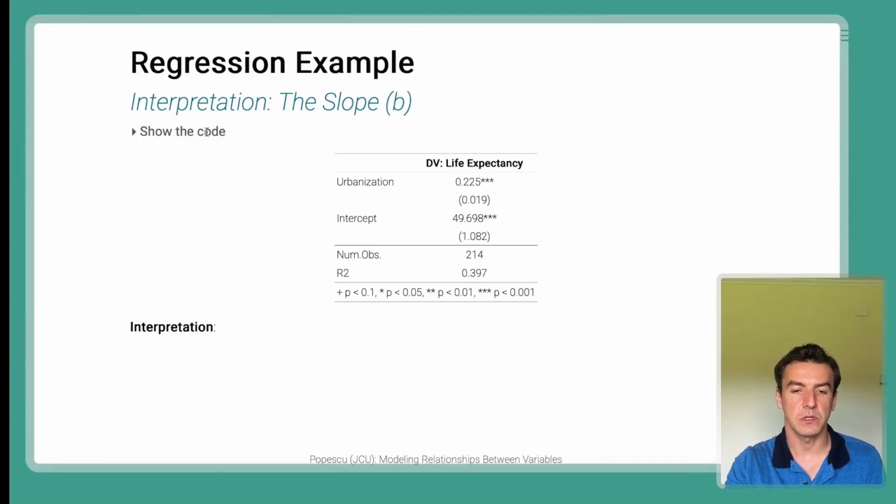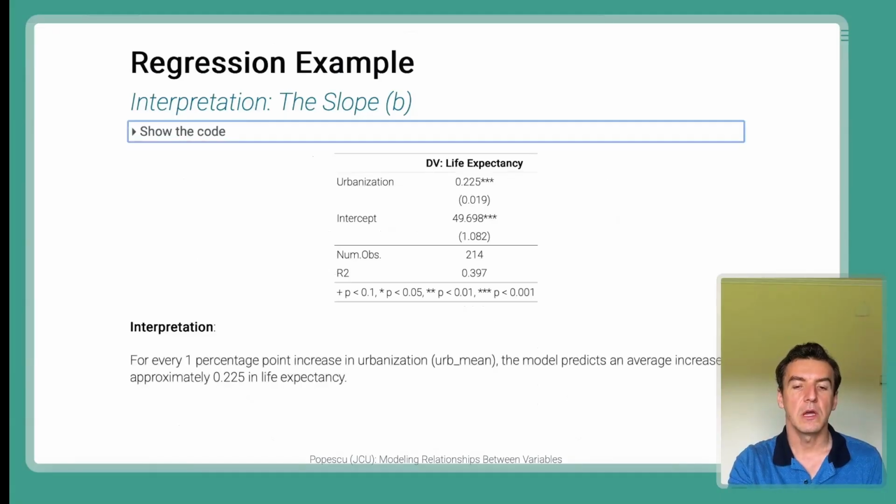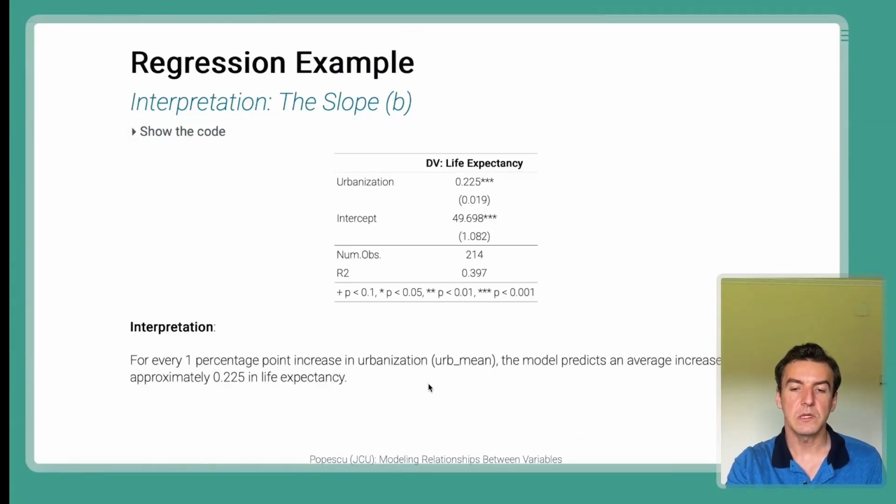So we learned how to plot it, how to create this table. How do we interpret it? So here's the interpretation for urbanization. The correct interpretation is the following. For every 1 percentage point increase in urbanization, remember urbanization is measured in percentages, the model predicts an average increase of approximately 0.225 in life expectancy.